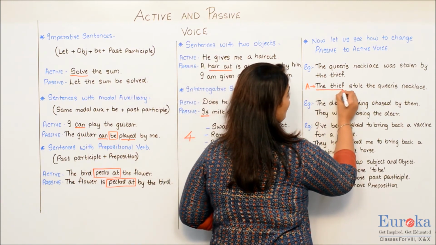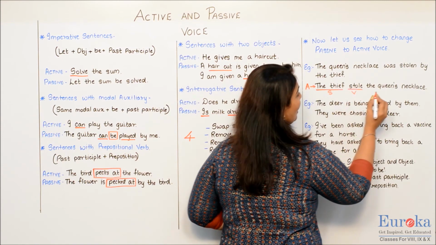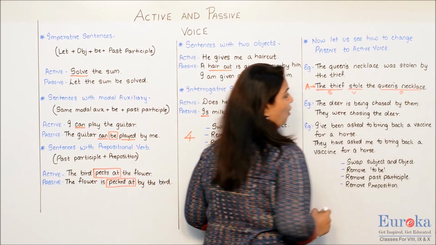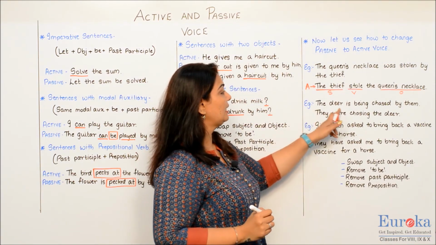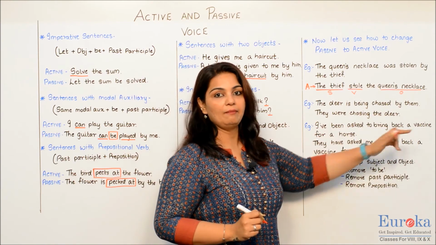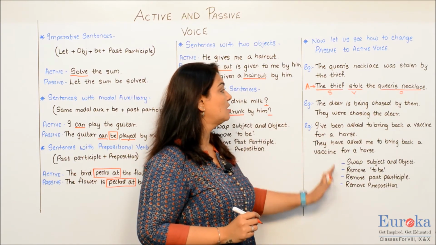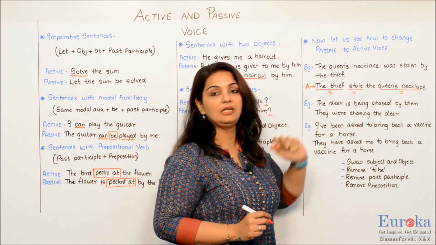Thief being the subject, stole being your verb, and the queen's necklace being your object. Let's look at the second sentence. The deer is being chased by them. This again is a passive voice. Using these 4 rules, we change it to they were chasing the deer.